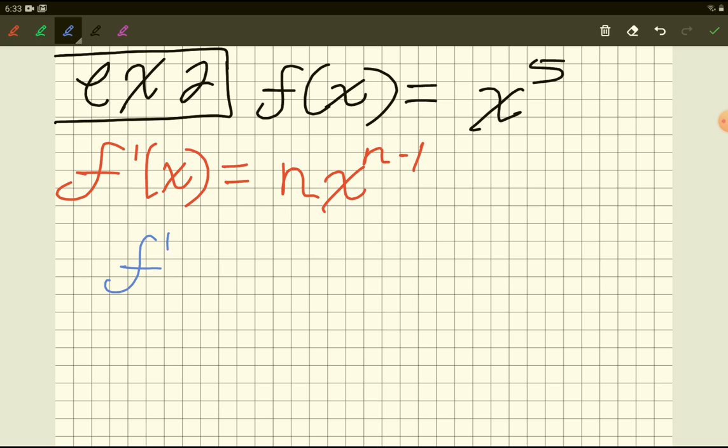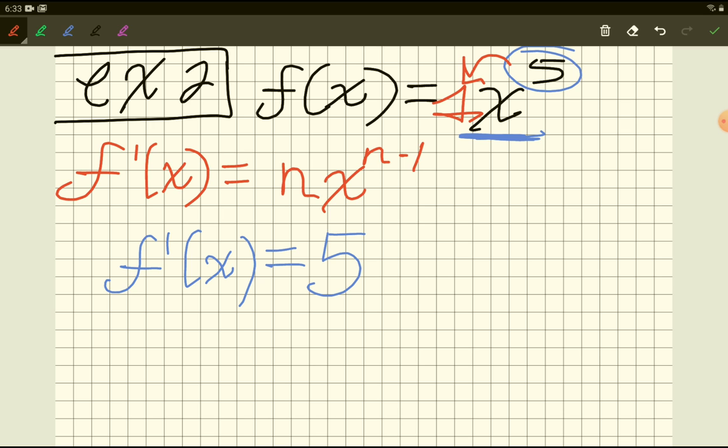So f prime of x, whenever we're talking about x to the 5th, if that's your function, remember the first thing, you put the exponent in front. Right now, there's an invisible 1 right there. So you're actually multiplying the exponent and whatever coefficient is here. 5 times 1 will be 5.